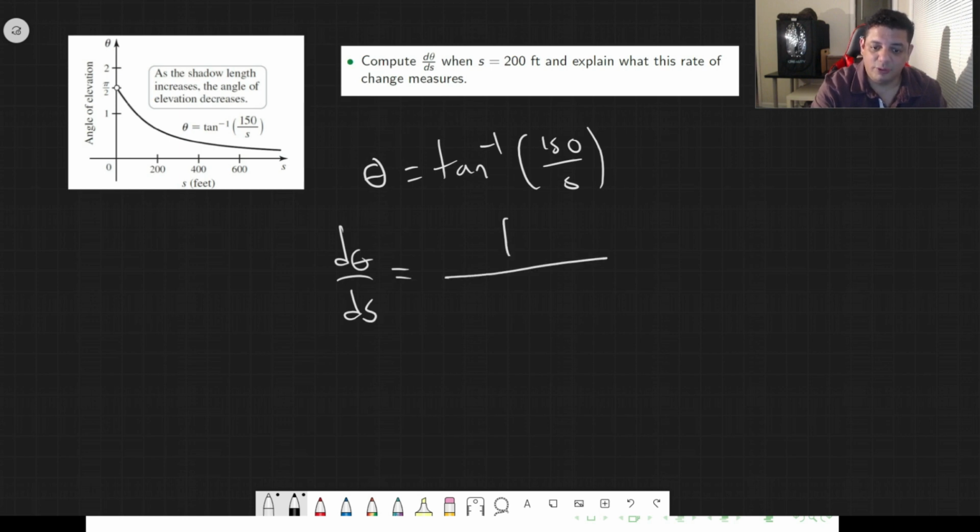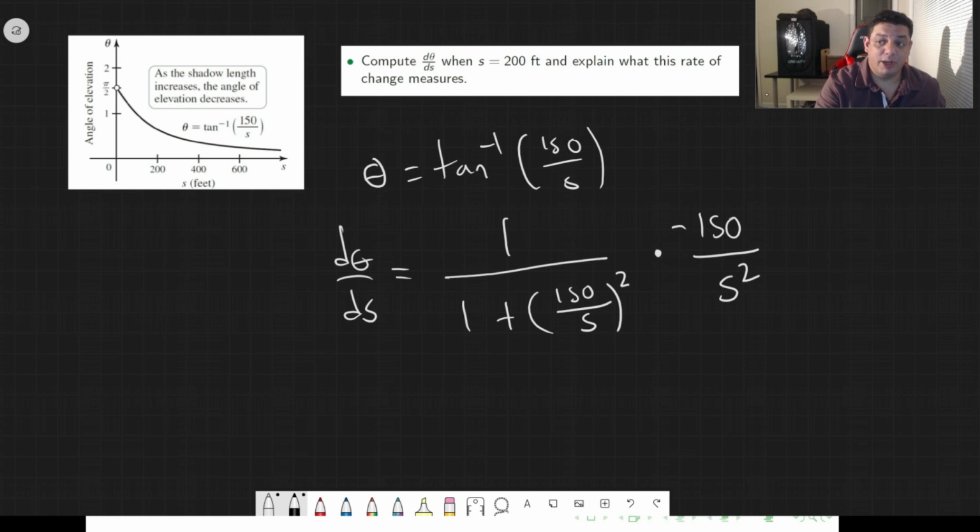That's going to be 1 plus, and normally it would be x squared, but we have a different variable here, so 150 over x squared goes in there. Now we multiply by the chain rule, which is the derivative of 150 divided by x, and that's going to be -150 divided by x squared.